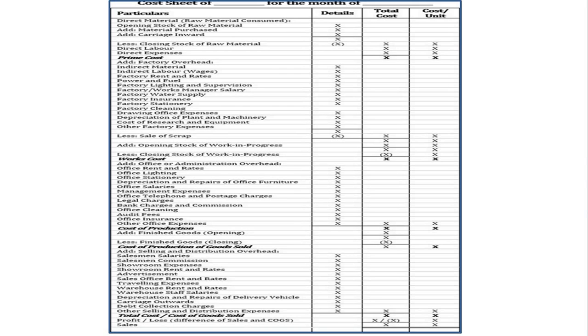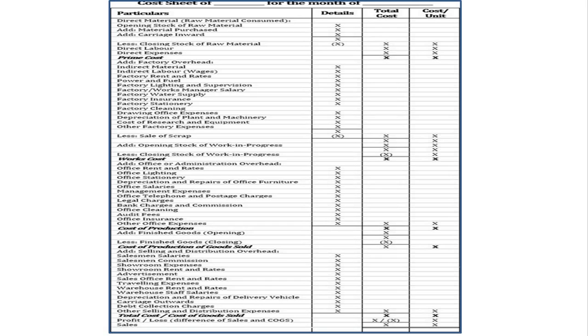When you do this calculation, you will get the total direct material consumed. Write that in the outer column. To that direct material consumed, you are supposed to add the direct labor amount as well as the direct expenses amount. When you add these three things together, you get the prime cost.